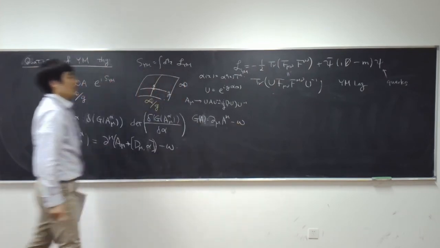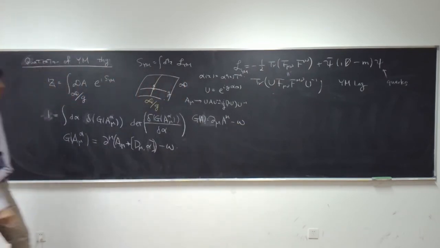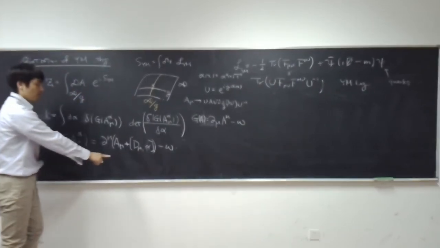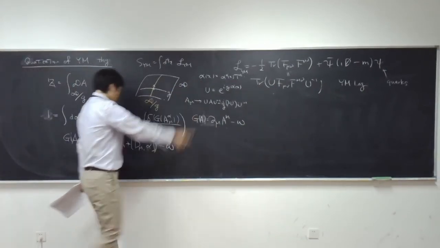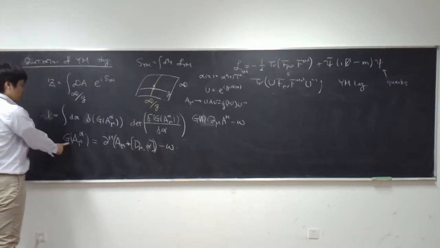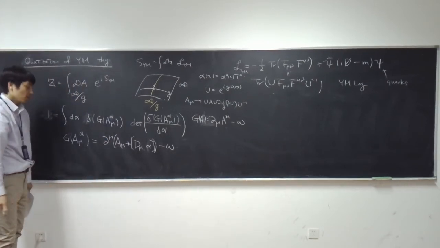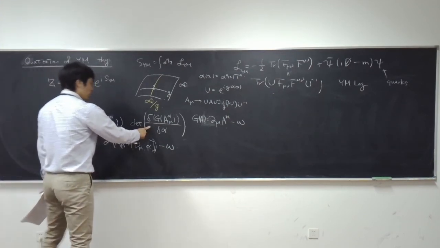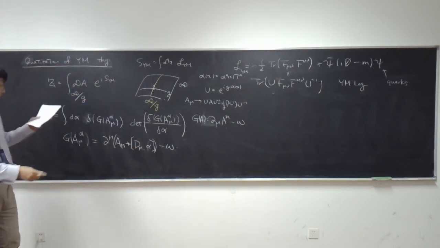Under the gauge transformation A mu is transformed like this way, where alpha is this one. So therefore G of A mu alpha is like this way.